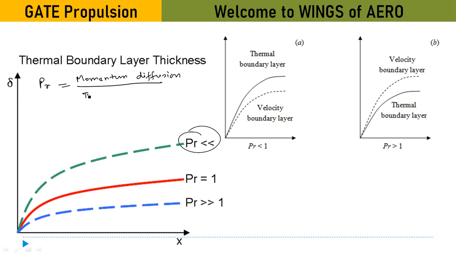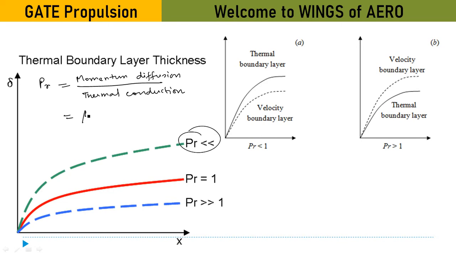Okay, it's a ratio between momentum diffusion by thermal conduction, or mathematically it can be expressed as mu Cp by K.